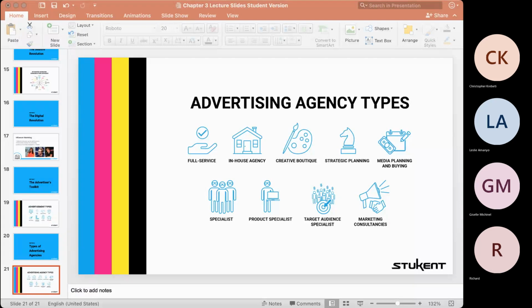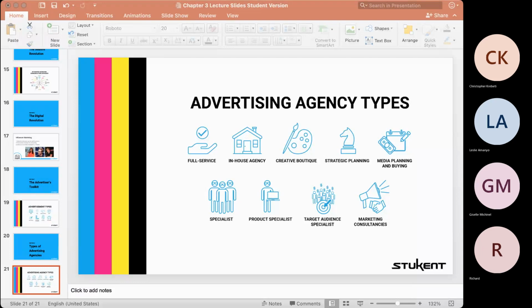And I just mentioned that WPP, they own Ogilvy, they own Grade, they own GWT, they own Y&R. So you can find more about this one. If you talk about Omnicom, Omnicom is based in New York.